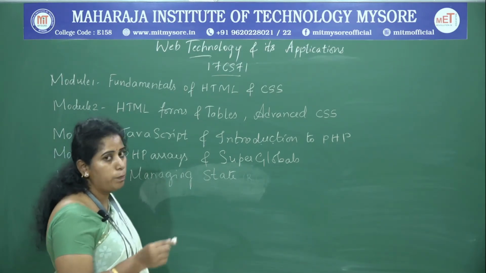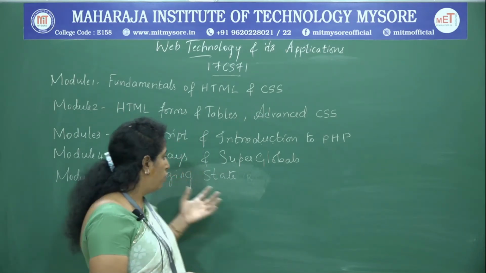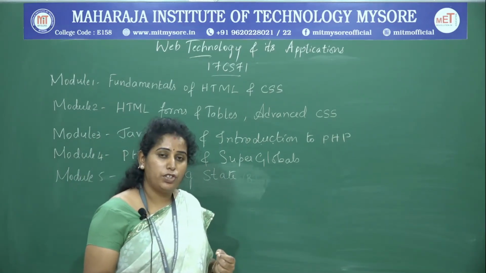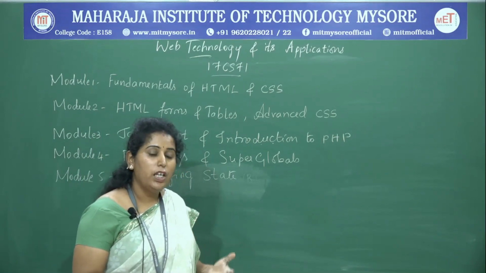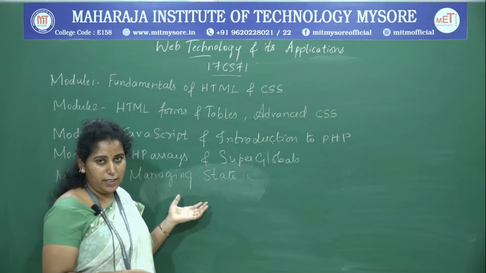Along with that, how to pass information via query string and via URL, and some terms come into the picture like cookies and sessions. What is a cookie, what is a session, everything will be discussed in detail.